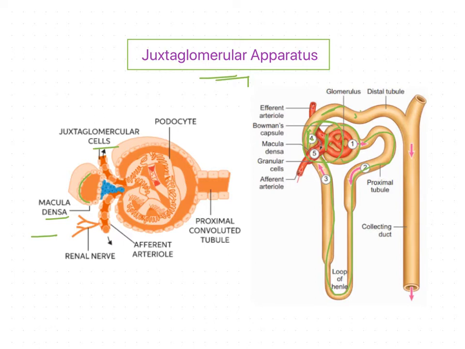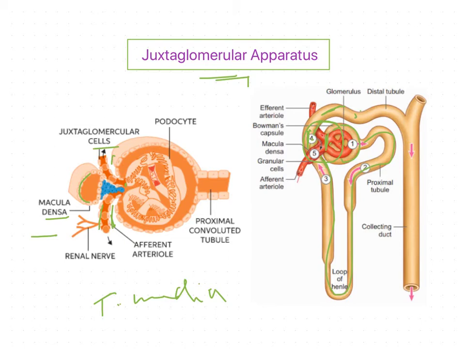So here this is the vascular pole, isn't it? One is the afferent arteriole and this one is the efferent arteriole. The juxtaglomerular cells are formed by epithelioid cells in the tunica media. If you see the transverse section of the artery, you can find this part, the tunica media of the afferent arteriole.